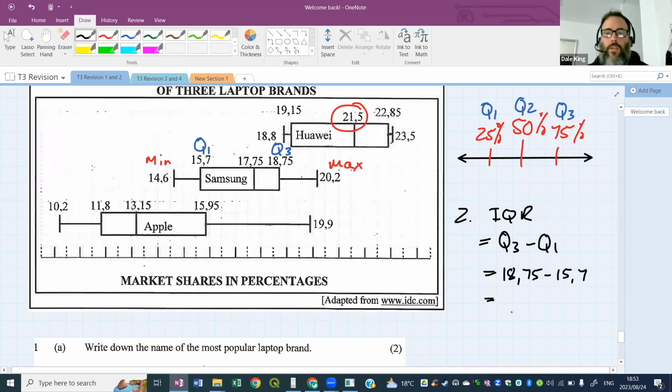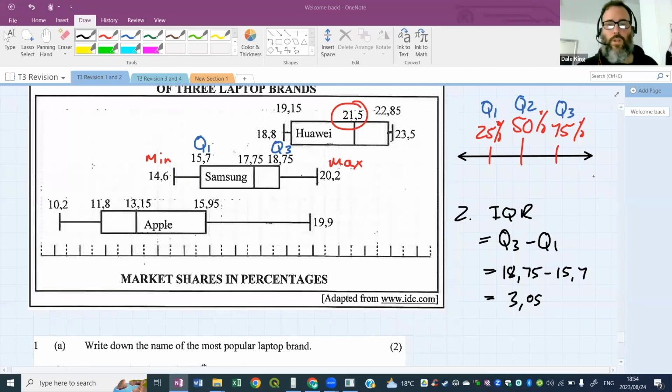Guys, what's 18 minus 15? 3. And there's actually a 0.5 left. Cabo had it earlier as well. Good, well done. Okay, so don't do max minus min, that's range. You've got to do Q3 minus Q1.